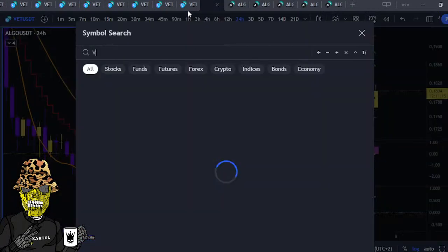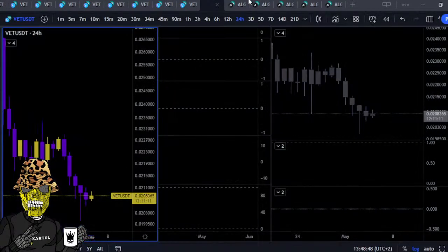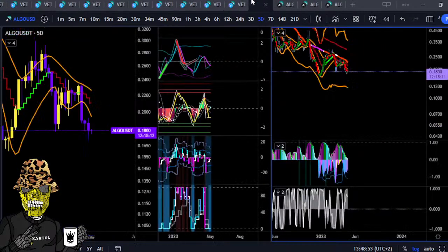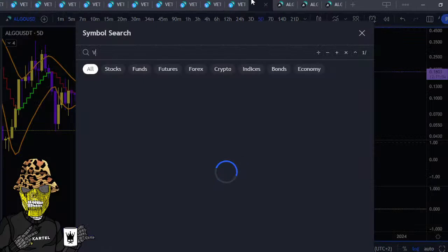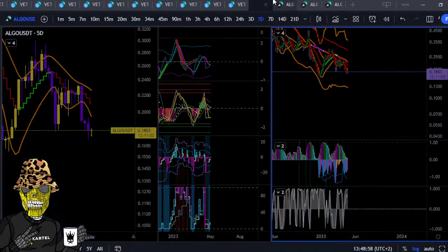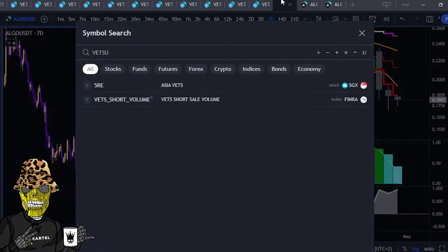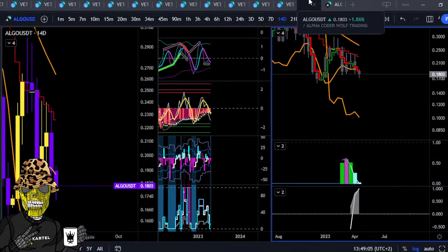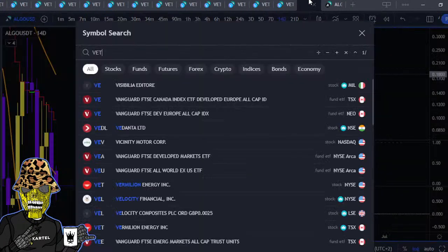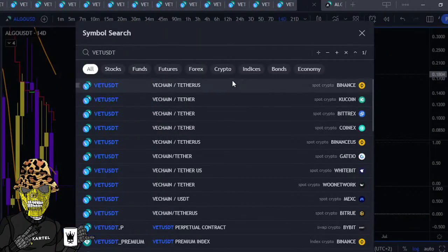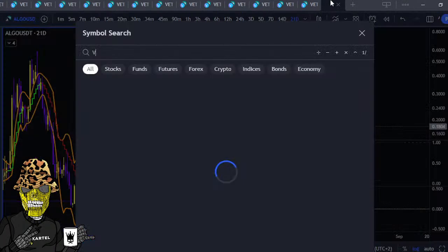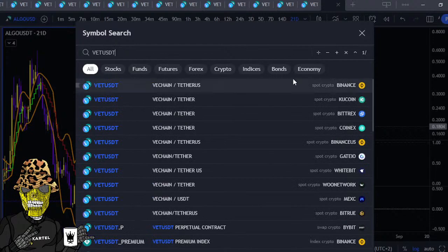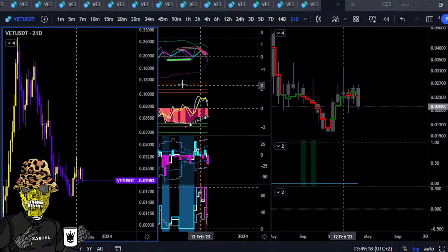VeChain. Maybe I end off with the Pepe coin. A lot of people are having a hard time trying to figure out what that thing is. I should actually be trading it. Right, what can we see?